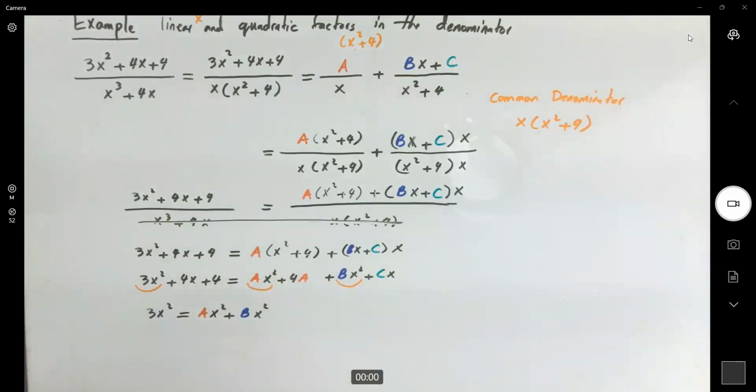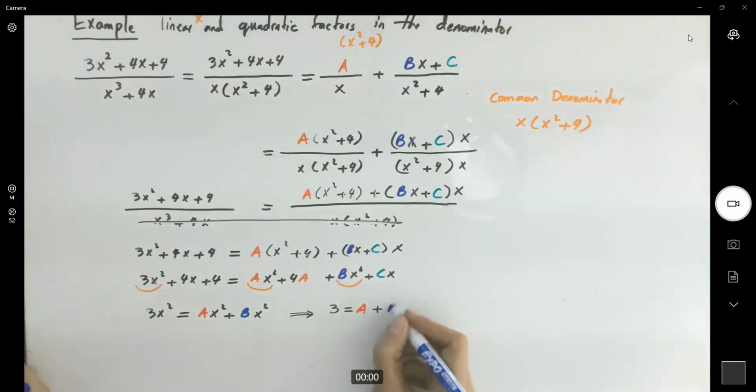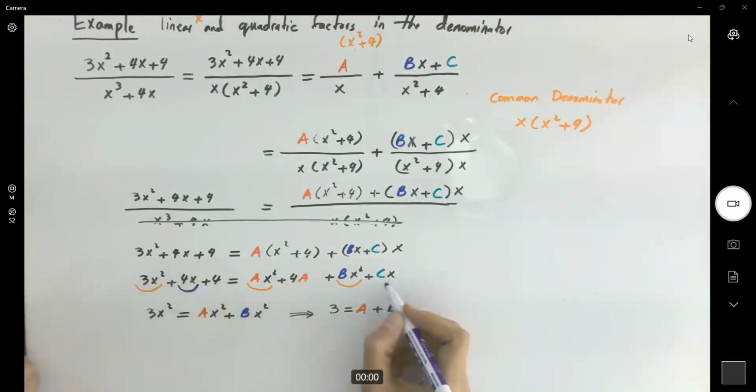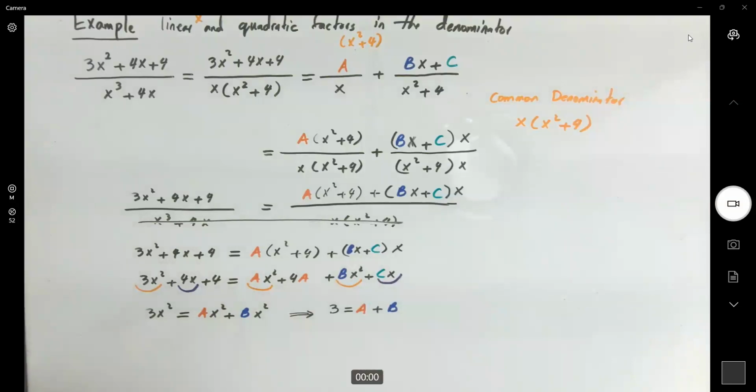What's the meaning of that? Well, it means that the coefficients must be equal to each other. It means that 3 must be a plus b. And then here we have this. For x, on the right hand side, you have cx. So what's the meaning of that?